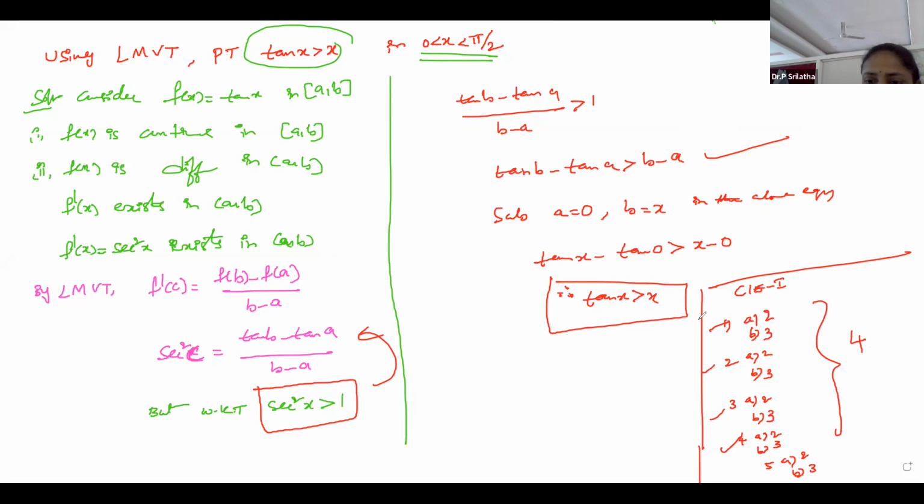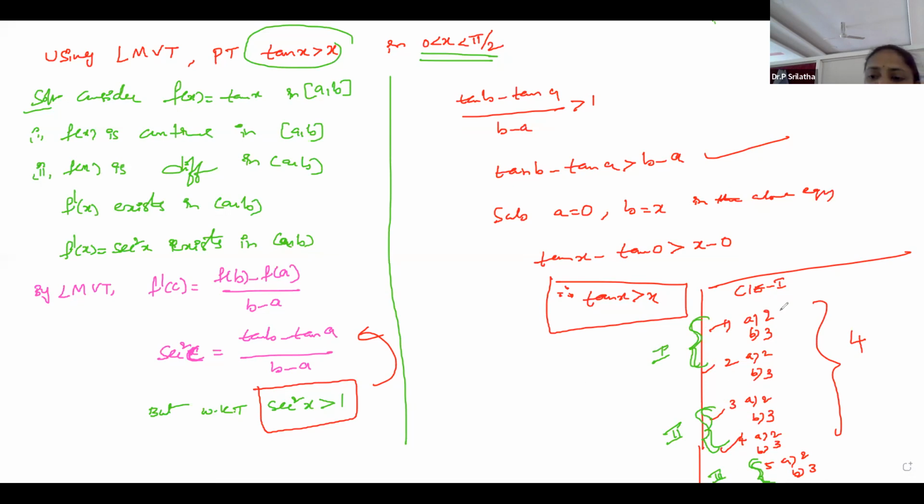These 2 questions will come from module 1, these 2 questions will come from module 2, and this is module 3 first chapter.